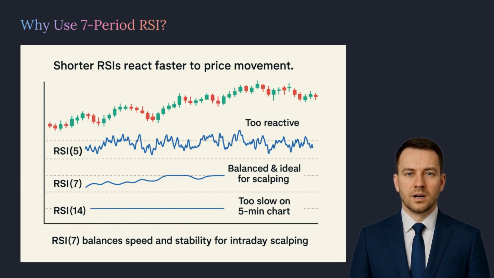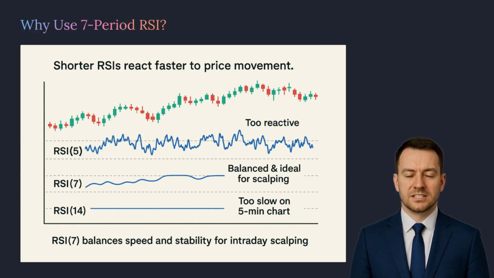Traders have found that RSI settings of 5 or 7 on 5-minute charts provide a good balance by reacting quickly but not overly sensitive. A 5-period RSI will be very twitchy, perhaps giving too many false signals on every tiny blip, while a 7-period smooths it just enough to filter some noise, but still respond to every meaningful thrust or dip.